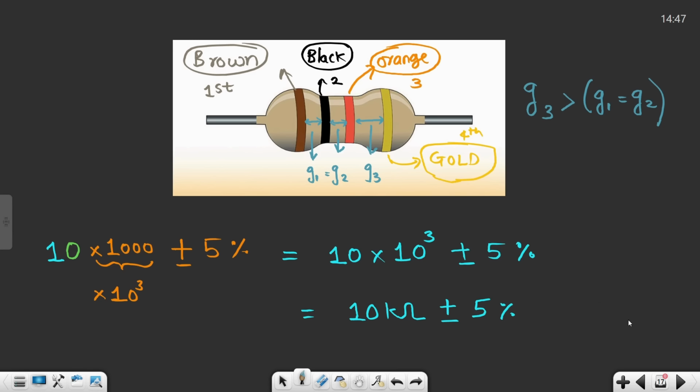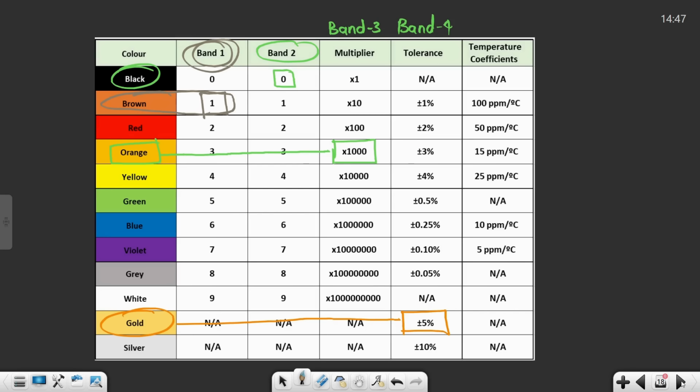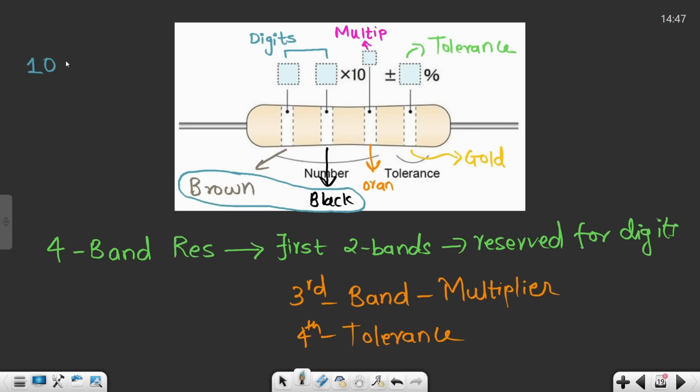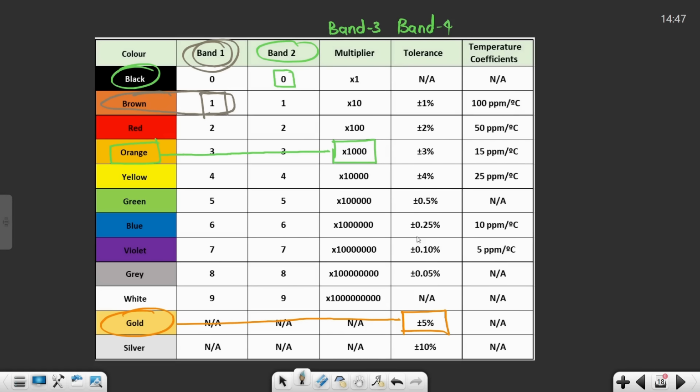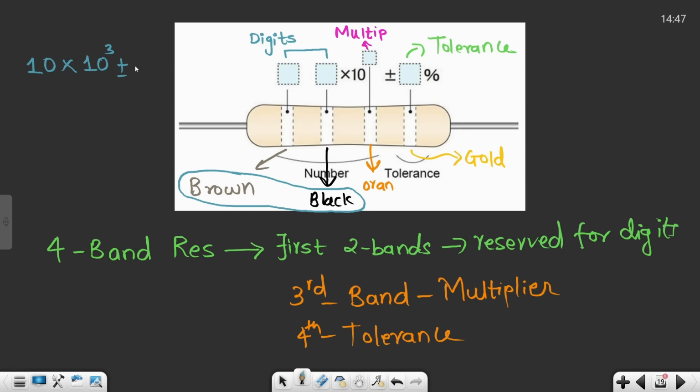I know I'm taking a lot of time and explaining the same thing again, but believe me, this will help you understand it in detail. And then we have tolerance, plus or minus a percent, and that is 5% for gold, right? Plus or minus 5%.